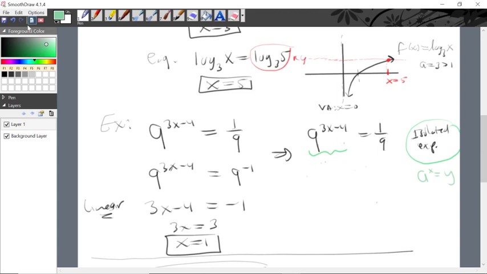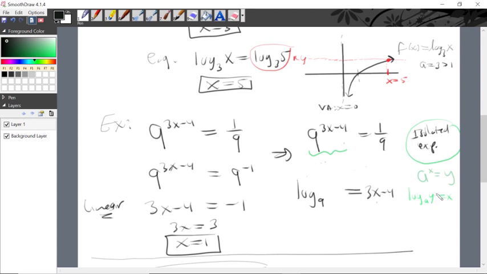So we can convert that into logarithmic form. We can either do so directly, that is, we can rewrite it as log base a of y is equal to x. Right? So in this case, that would be converting it into a logarithm, right? Where the base of the exponential was 9. The exponent goes on the other side of the logarithmic equation, so that would be 3x minus 4.